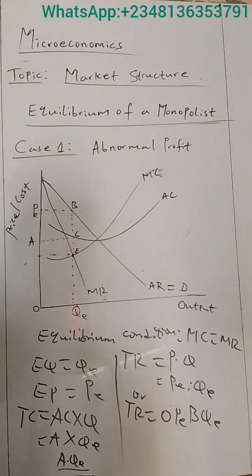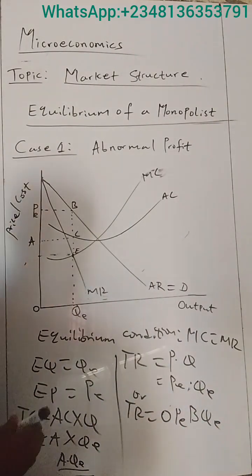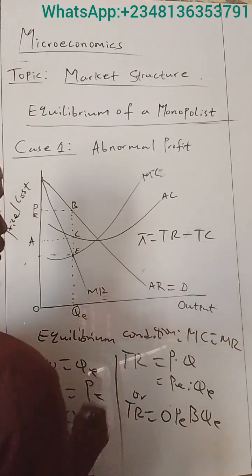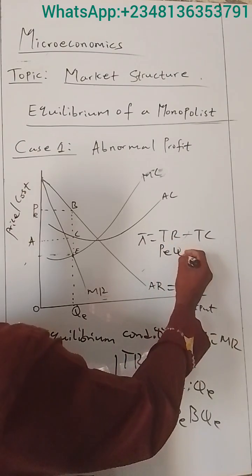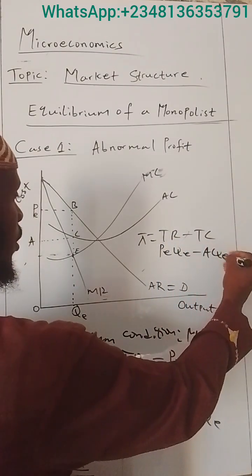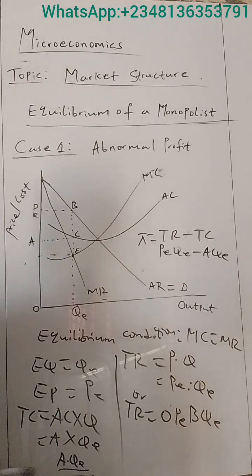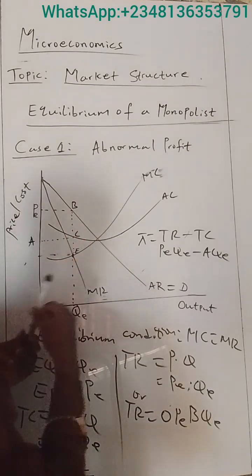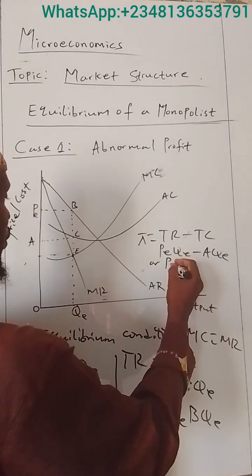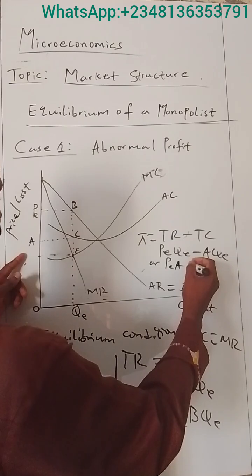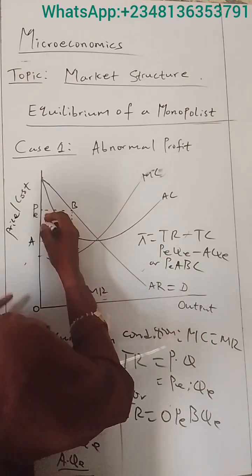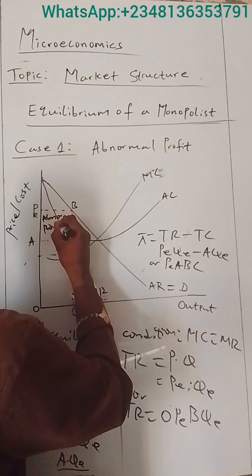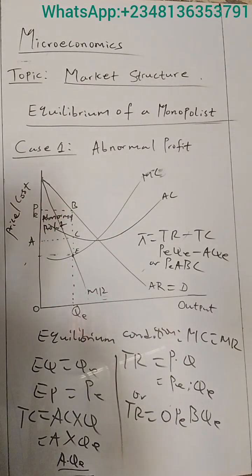What of total profit now? Don't forget, profit is simply TR minus TC. So in other words, we have PE times QE minus A times QE. Or simply, this rectangular area PEABC represents the abnormal profit of the monopolist.